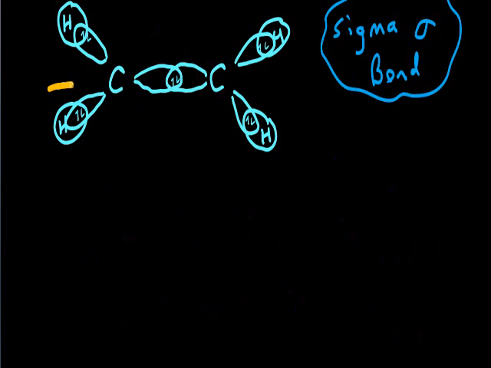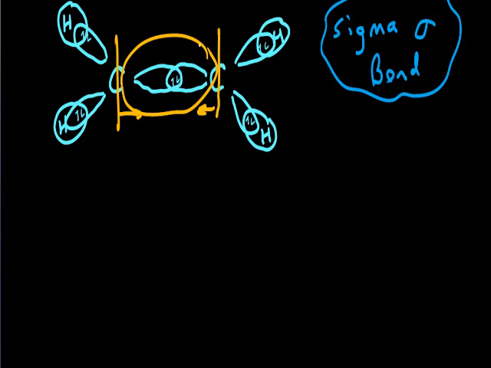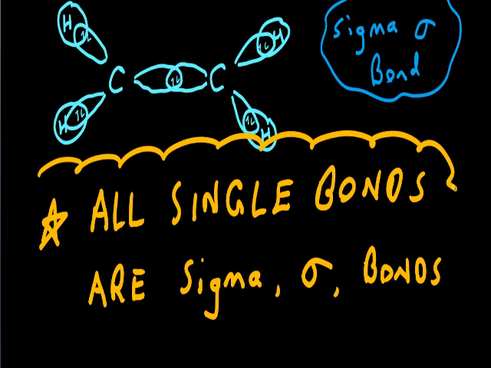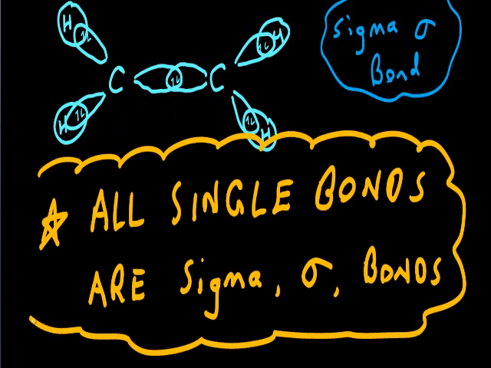One, the overlap of the electrons is directly along the bond axis running between the 2 bonding atoms, and two, the bonding pair of electrons is isolated or trapped between the 2 bonding nuclei and held tightly by the nuclei of both bonding atoms. Now, of note, in our covalent compounds, all single bonds are identified as being this type of bond known as a sigma bond.